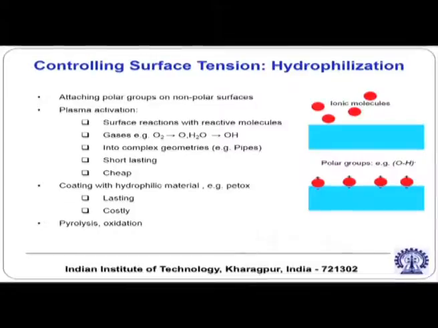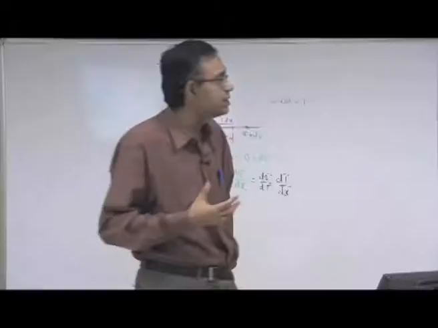So you have gases like oxygen or you can have water, these can be ionized, and basically you can attach polar groups on surfaces, and these polar groups can impart hydrophilicity to the substrate. That is the fundamental principle.